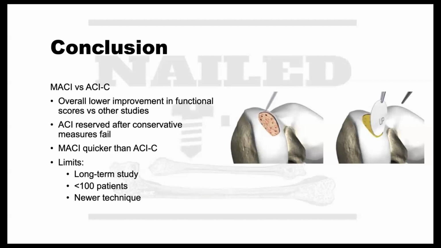And the whole point of these procedures is to restore our native articular cartilage and try to avoid any type of fibrocartilage development or arthritic changes down the road, especially in these younger kids. There's more of an emphasis on that. So I think there's still a lot of research and improved surgical techniques coming out regarding MACI and ACI, so it'll be interesting to see what future literature shows.